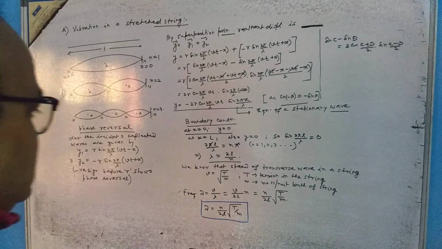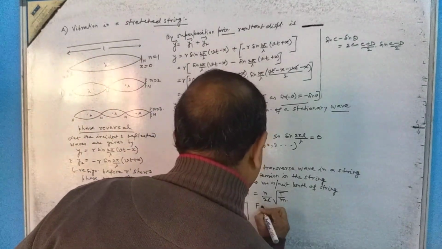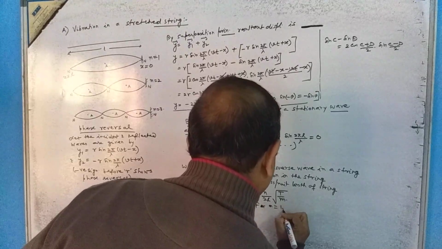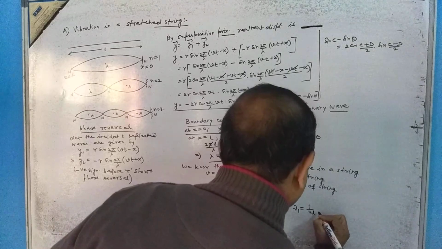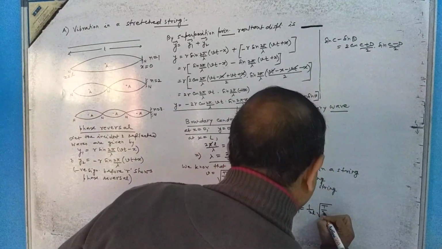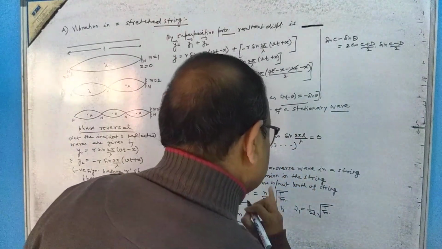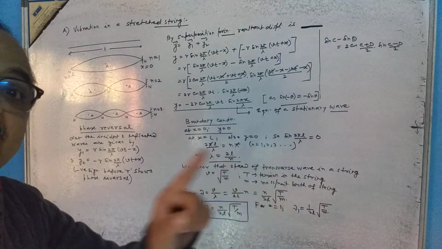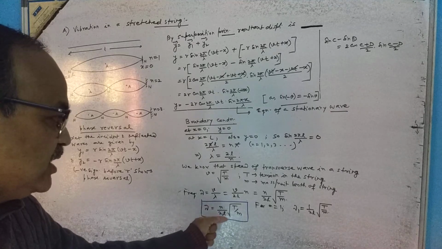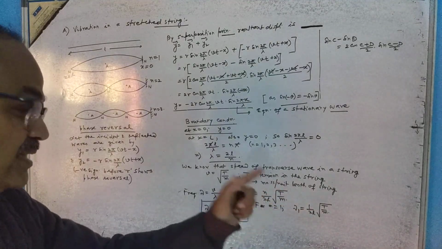Okay, here I can say for n is equal to 1, nu 1 is equal to 1 by twice L root T by m. Remember, what is the minimum value of n? 1. What is this called?